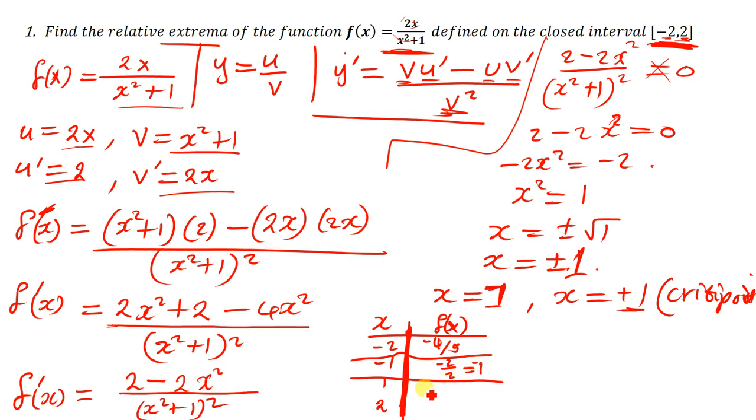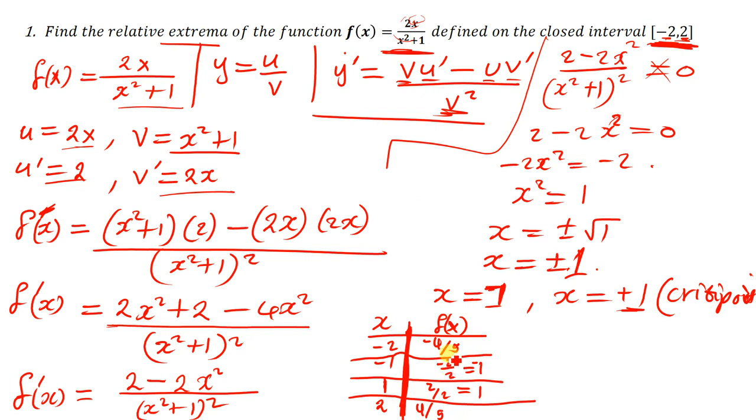Then when you put 1 there, you get 2 over 2, which will give you positive 1. And when you put 2 where there's x, you're going to get 4 on top, and down there 2 squared, which is 4, plus 1, which is 5.